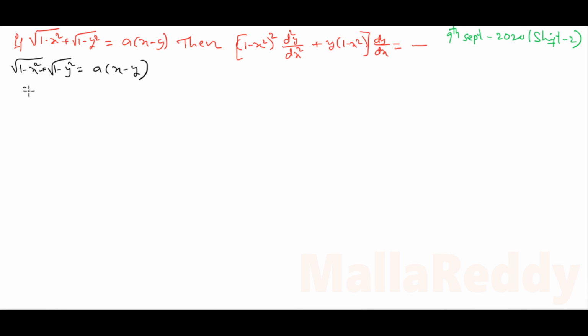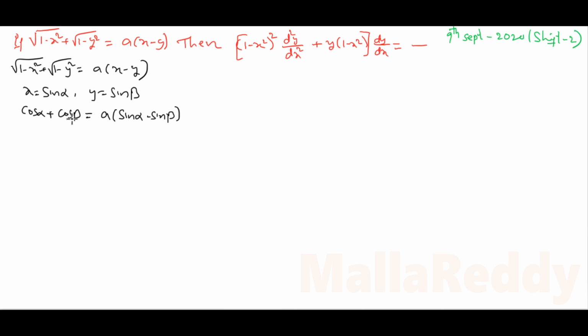Substituting x is equal to sin alpha and y is equal to sin beta. Under root of 1 minus sin square alpha is cos alpha plus under root of 1 minus sin square beta is cos beta, is equal to small a into sin alpha minus sin beta.